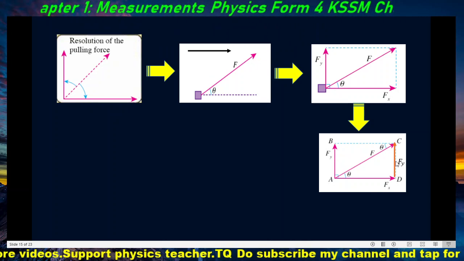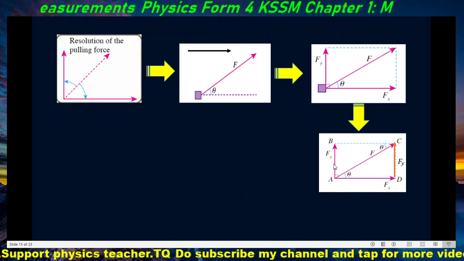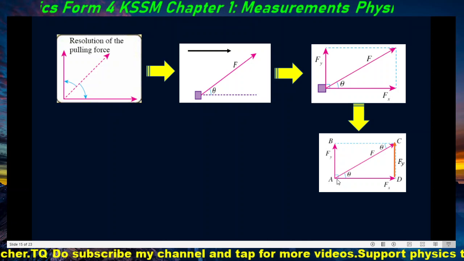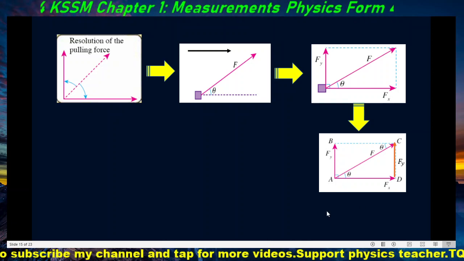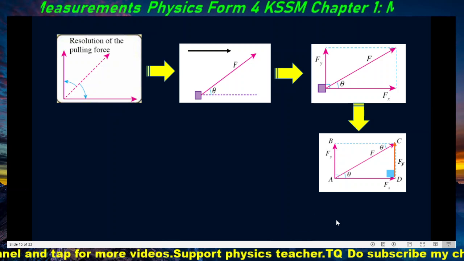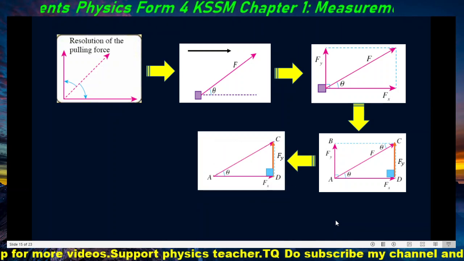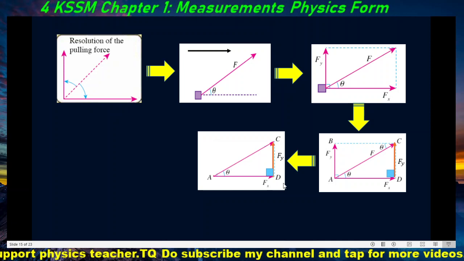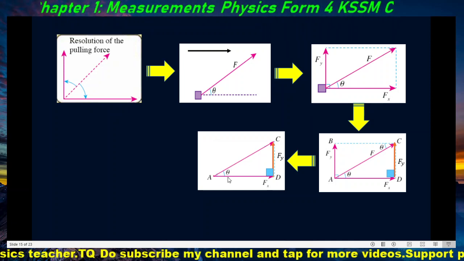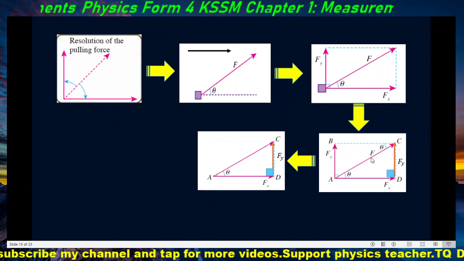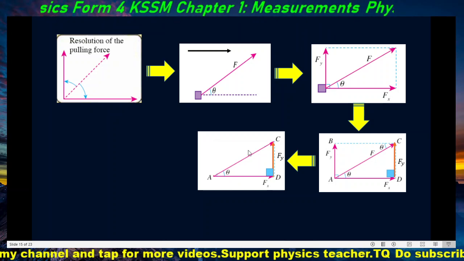So you can see this side is parallel to Fy. Thus this side represents Fy, and this side represents Fx. So this is a right angle triangle. So you form a right angle triangle ACD. This side is the pulling force just now, or the applied force.